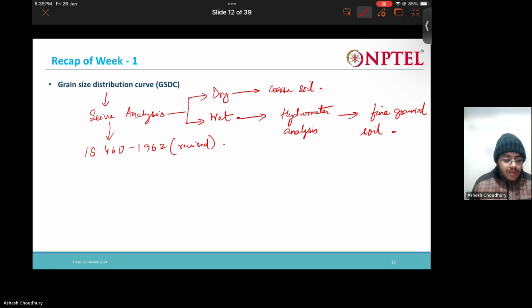The sizes of sieve are from 80 mm down to 75 microns. Literally, 75 times 10 to the power minus 3 mm.